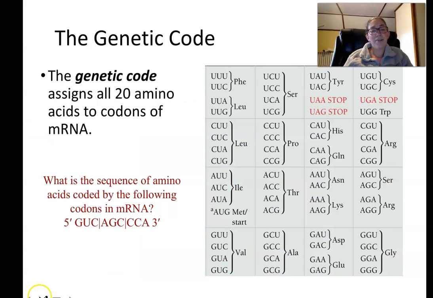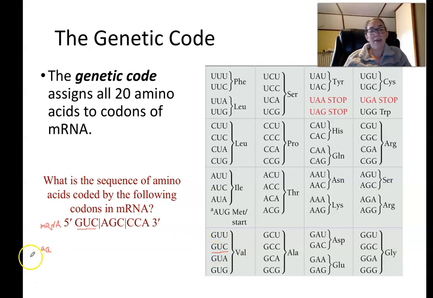So we could do a little practice translation here. We're given an mRNA sequence, and we're going to read it and translate it to the amino acid sequence. So that's the mRNA sequence, and we're going to write out the amino acid sequence. GUC is right here.